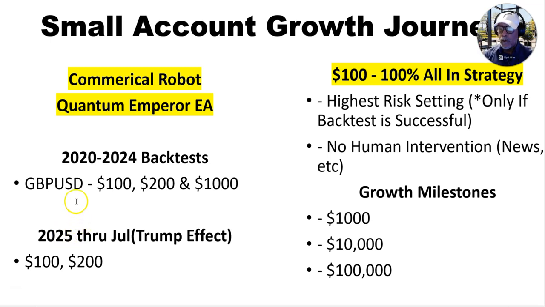So we're going to show you what it looks like with our $100 starting balance, $200 starting balance, and then what is recommended by the developer, which is $1,000. That way it'll give us more breathing room, but at the same time, we deal with small accounts. A small account for us is anywhere between $100, sometimes $50, to $500.